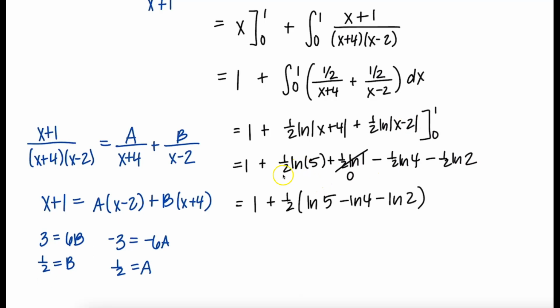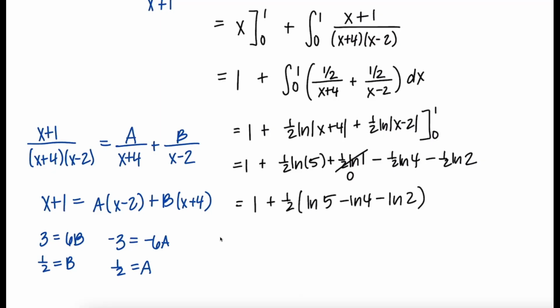Now, as far as simplifying goes, the coefficient in front of all of these natural log pieces is 1/2. So what I did was I factored out that 1/2. And then inside here, I can use some log properties. So since these are all natural log, remember that when I subtract logs with the same base, the ones that are being subtracted, their argument goes to the denominator.